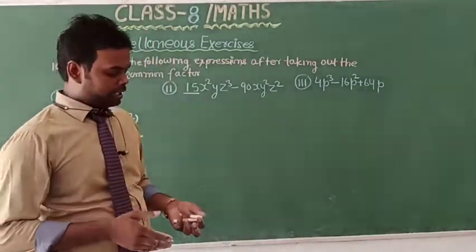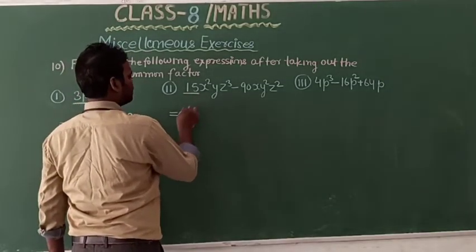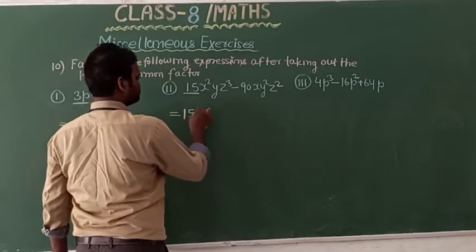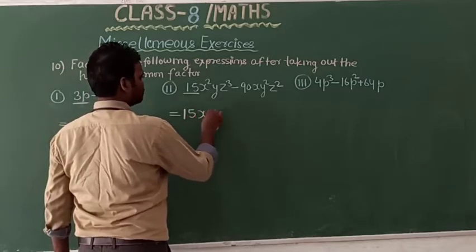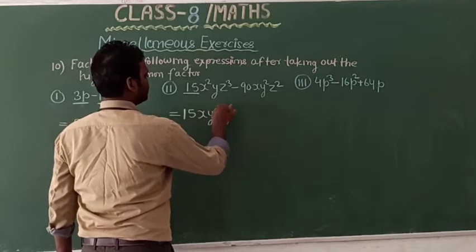So now taking out the common factor, this is 15 x y and z square.